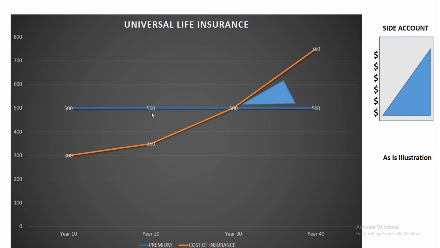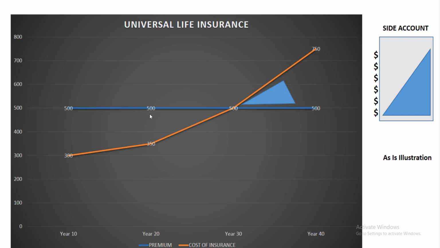But because the cost of insurance increases annually, maybe at the 20th year of you starting this policy, the cost of insurance has risen to maybe $350.